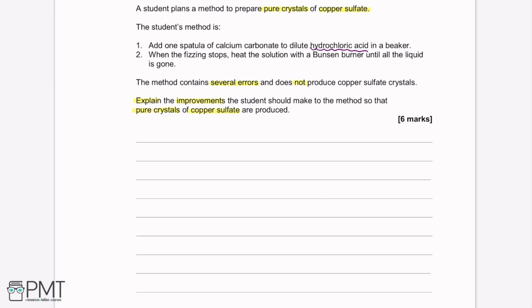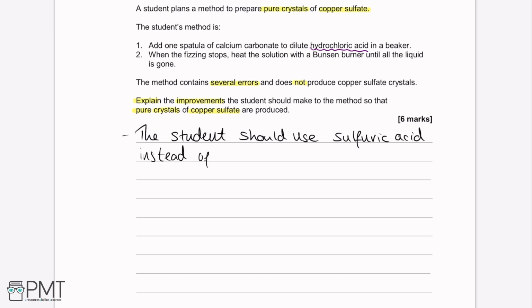So let's start by thinking about the chemicals involved. Now the student is using hydrochloric acid, but is wanting to make copper sulfate crystals. Well, really, the student should have used sulfuric acid instead of hydrochloric acid, because we need a source of sulfate ions.